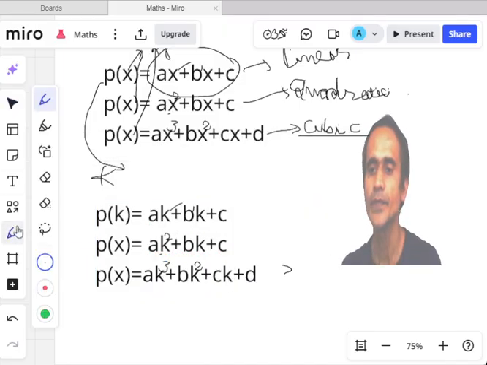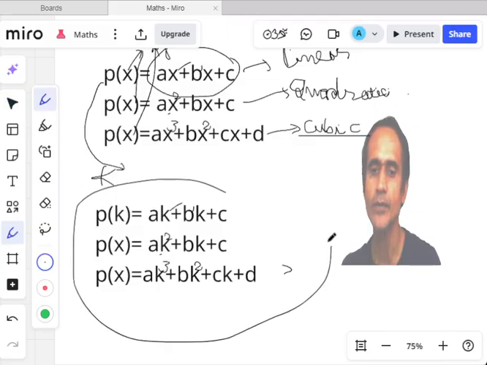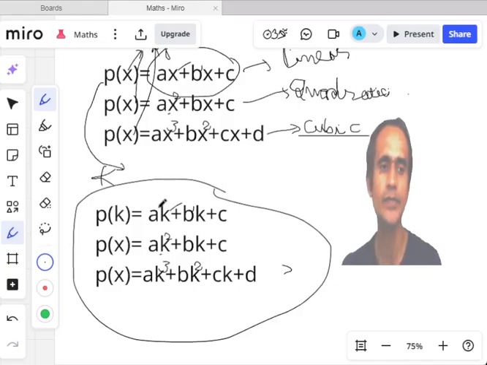This value that we have obtained by replacing x by k is known as the value of the polynomial p(x) at x equal to k.